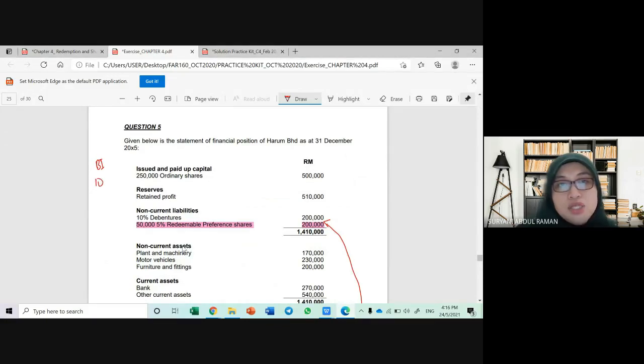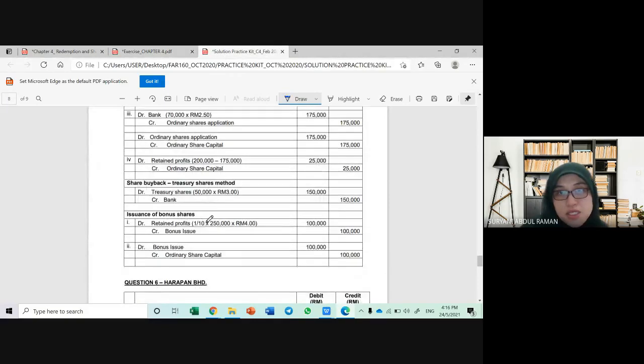For 10 shares that you have, you will receive a bonus issue of 1 unit. So imagine if you have 250,000 units of shares, how many bonus shares will be issued? You just have to divide by 10 and times by 1. So this is the calculation.